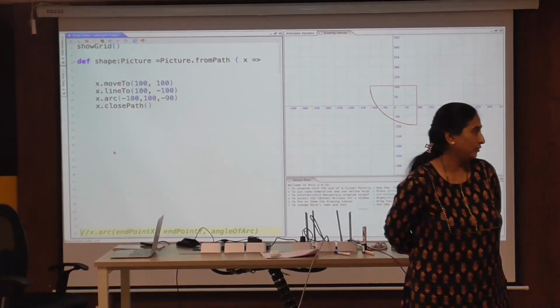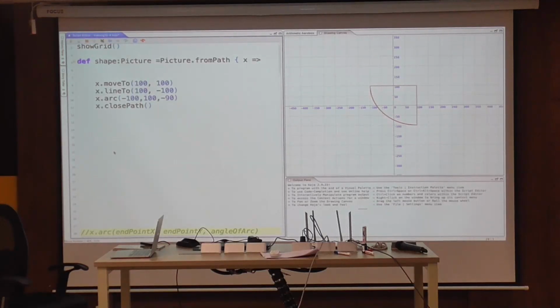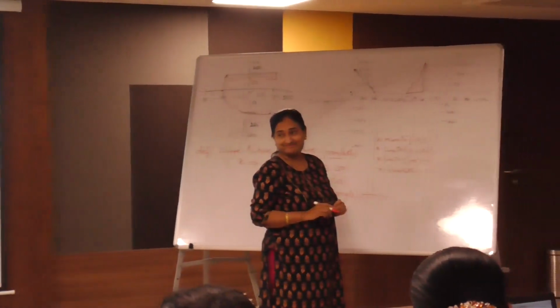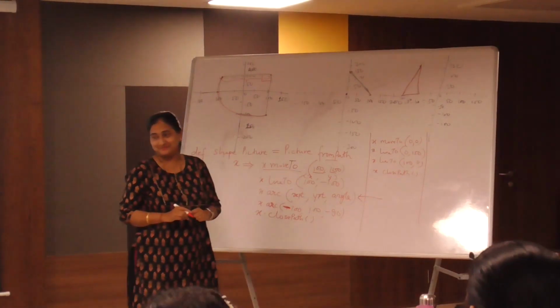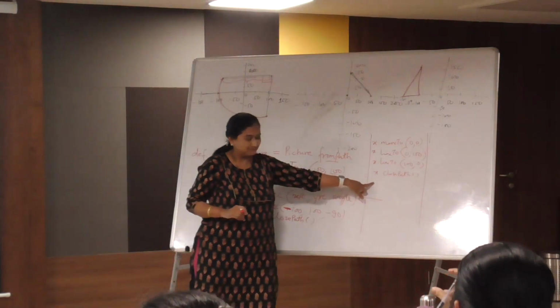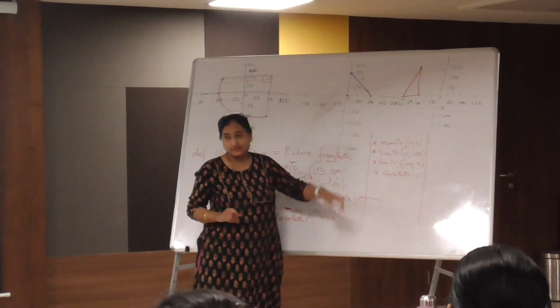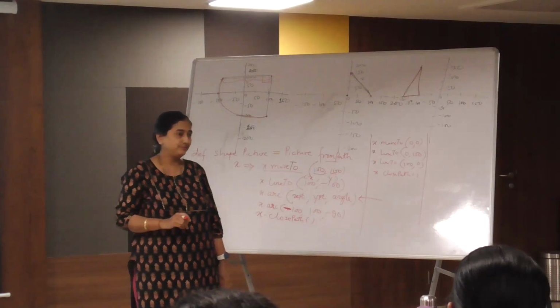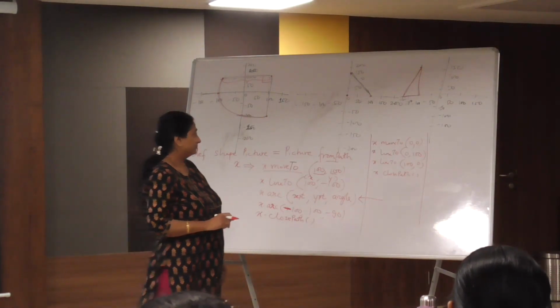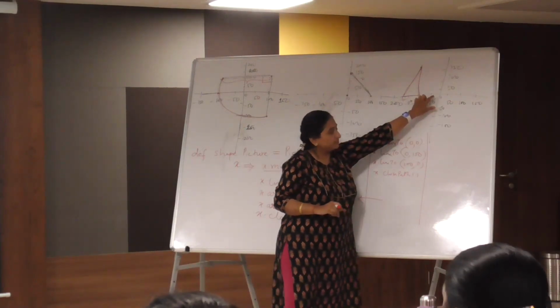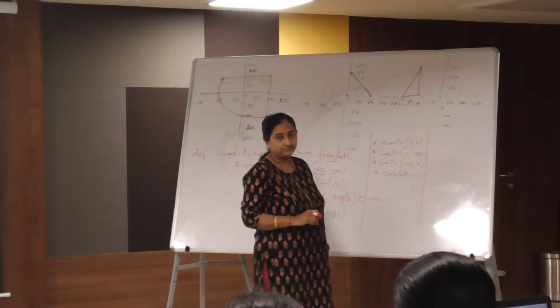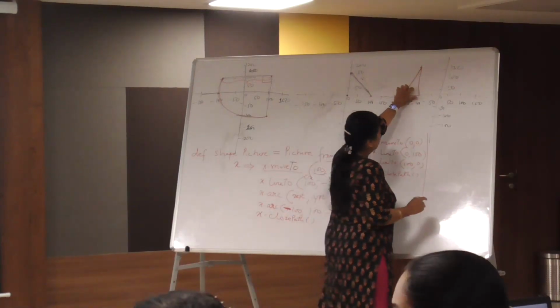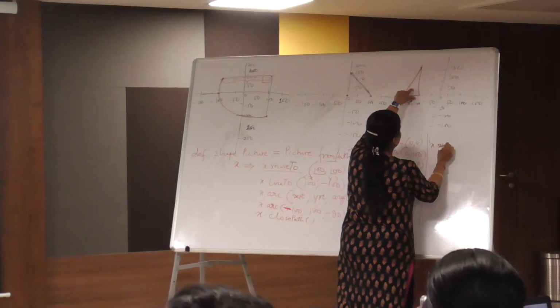Done? Similarly, for the last isosceles triangle over here, this is the first isosceles. The second one we are yet to do. This is away from the center. So let's start with this. X dot move to.